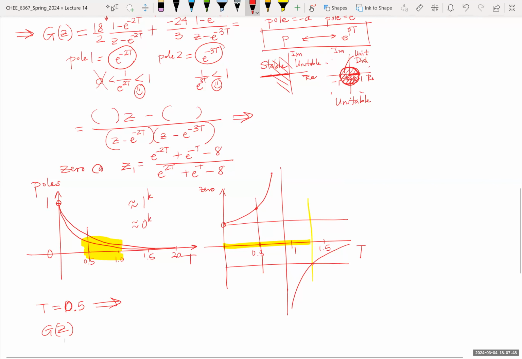What I'm going to do is put t equal to 1 here, create a transfer function, and use the IMC method, the internal model control method, to design a controller and see what controller I get, and see if I can do the exercise or if I need to be careful with something or have modifications, right? Okay, let's execute the plan. So this is my G of z, my discrete time controller.